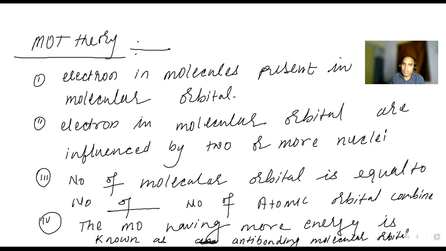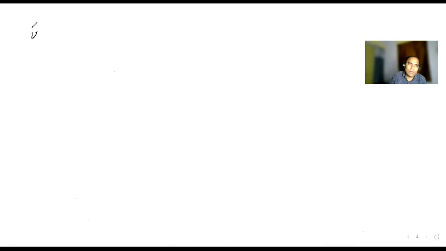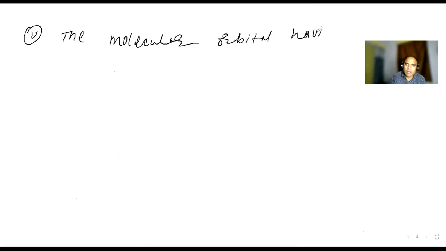Now the fifth point: the molecular orbital having more energy is known as antibonding, as you already got to know.